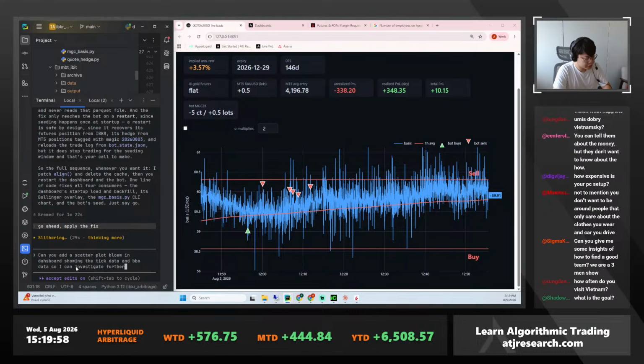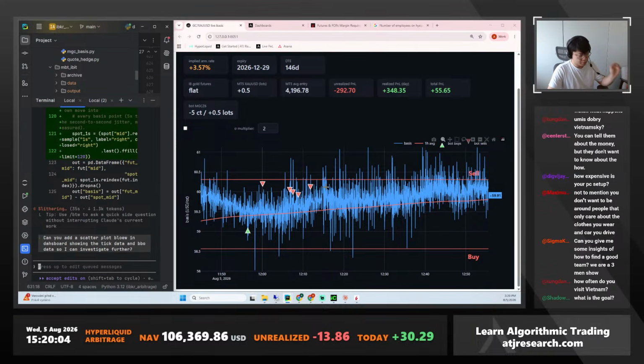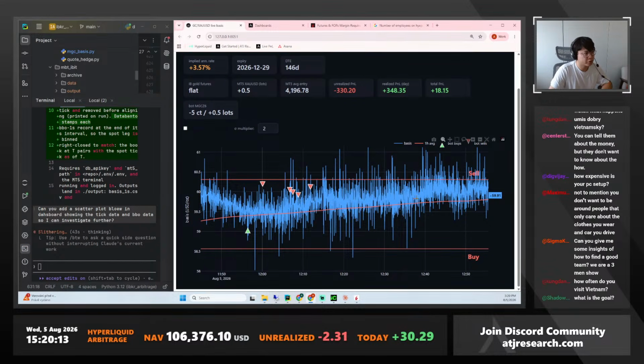I also want to look at the historical data, not the basis, but the individual prices, and see if I can find the reason why it's so scattered. Because that's the last step before I can deploy it live tomorrow. I need correct data to compute my entry and exit levels.